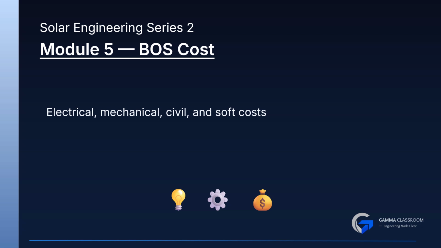Welcome to Module 5. In this module, we will break down BOS cost, the balance of system cost, and understand how electrical, mechanical, civil, and soft costs influence total project cost.